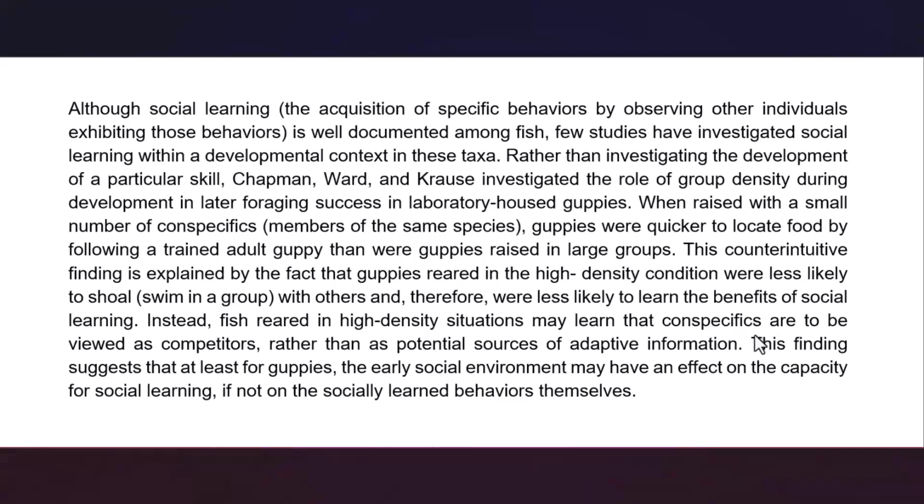So according to this sentence, we find that early social environment may have an effect on behaviors, and definitely it has effects on social learning, as we understood that in large groups, guppies see others as competitors, not a potential source to learn from. And in small groups, they can learn better. For example, in a small group, they can follow an adult to locate food, and in a small group they can form a shoal.